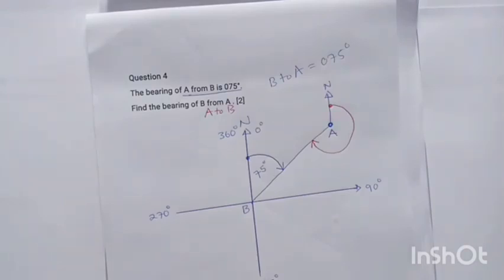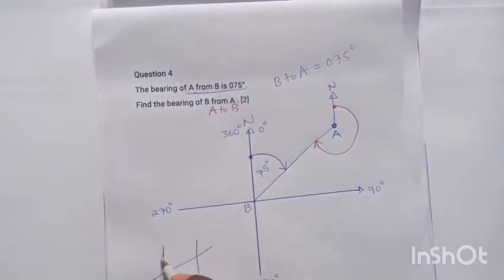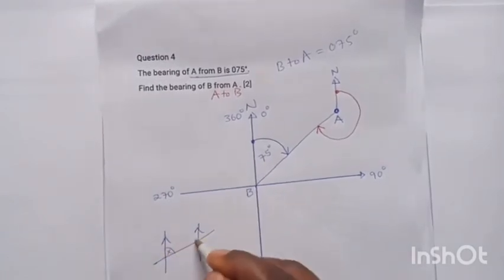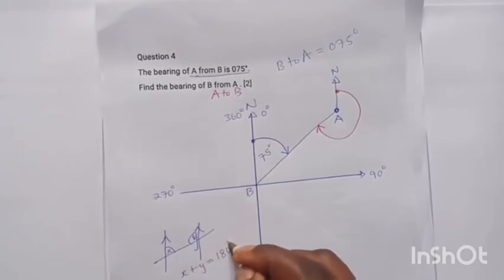Do not forget that I taught you about the theorem of allied angles, or co-interior angles, which are on the same side of the transversal. They add up to 180 degrees.